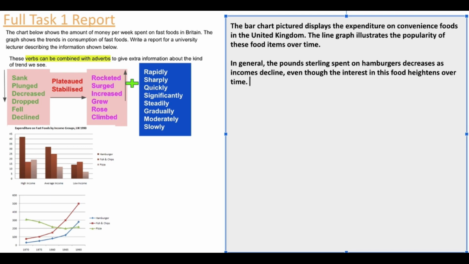In general, the pound sterling spent on hamburgers decreases as incomes decline, even though the interest in this food heightens over time.